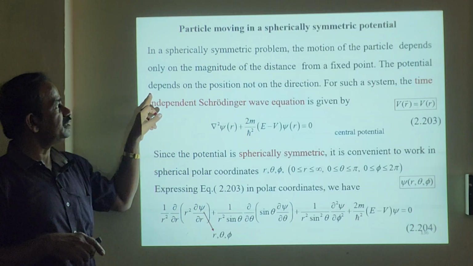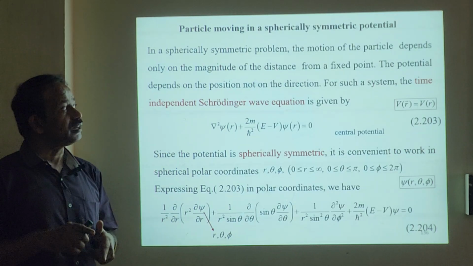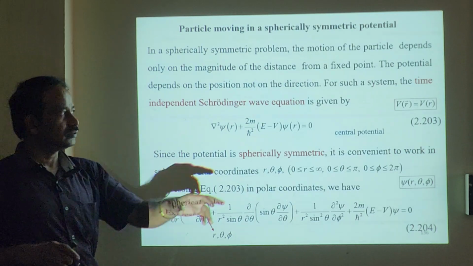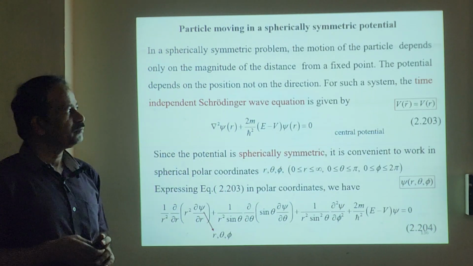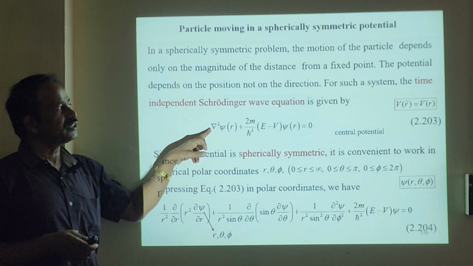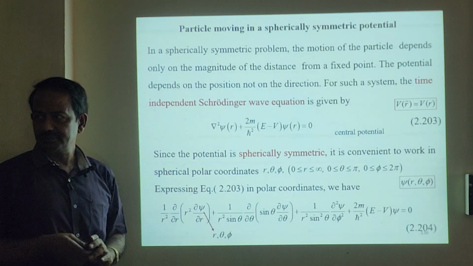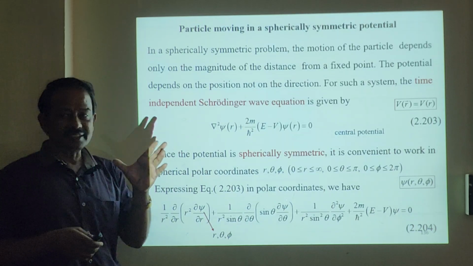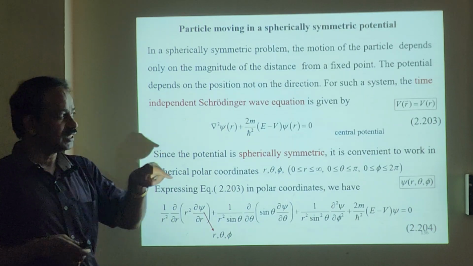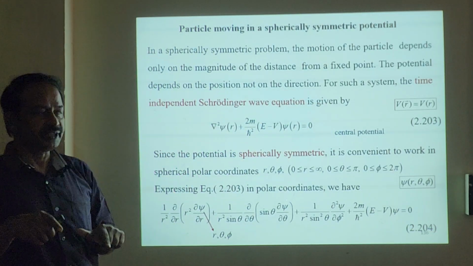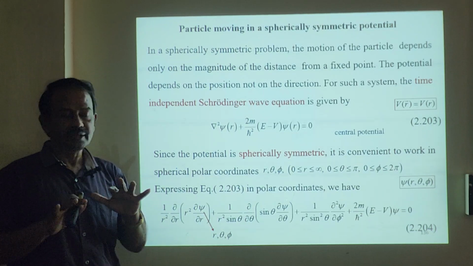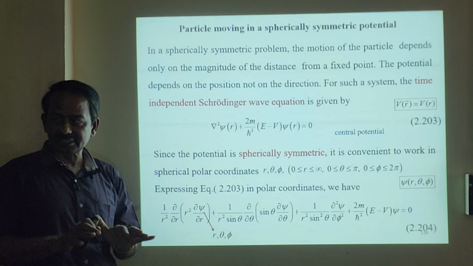Of course, the potential depends only on the position, not on the direction. For such a system, the time independent Schrodinger wave equation is given by this. Here, for a spherically symmetric potential, we will have to consider V of r vector equal to V of r.